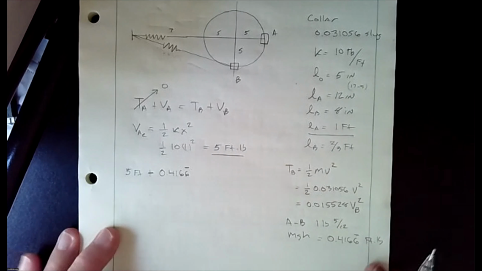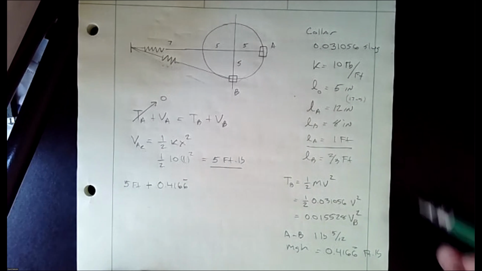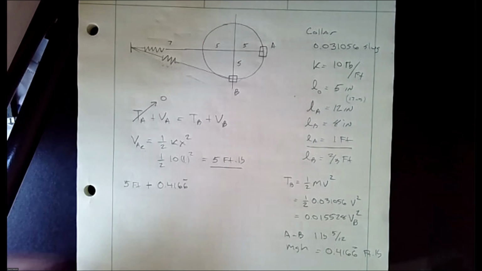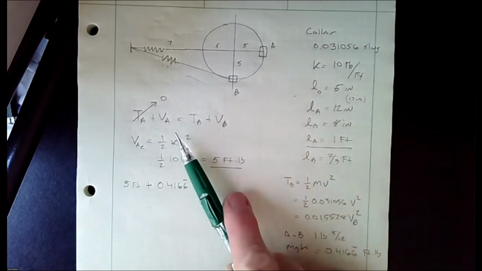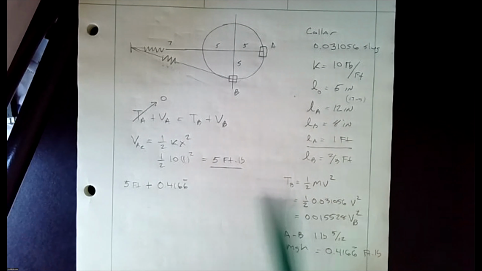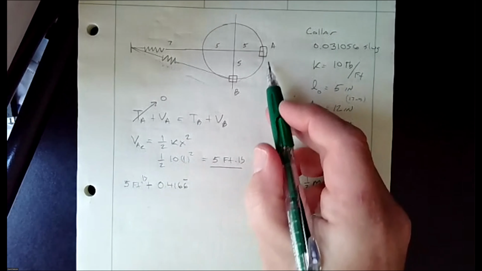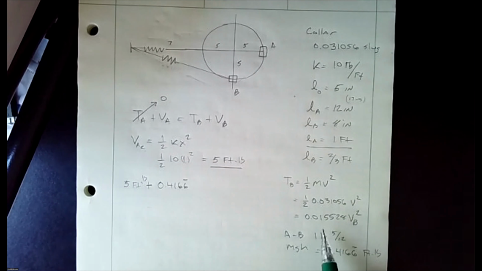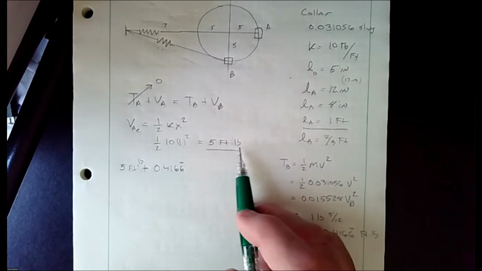So again, I find this easier than just plugging in numbers up here because I think it's easier to understand if you see a balance sheet. So we started with A, we had so much potential energy, we had 5 foot-pounds. Calculated that by multiplying 1/2 times 10 times 1 foot squared.